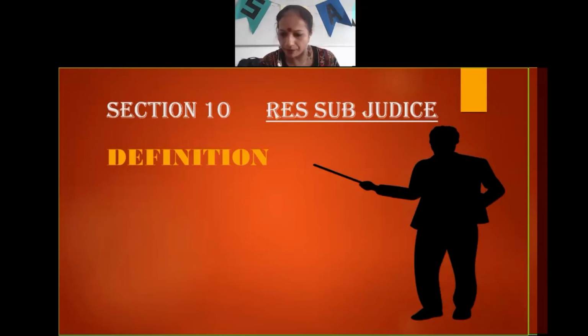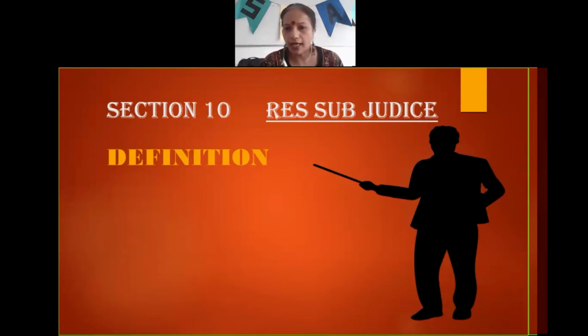Hence, in order to stop this confusion, it is always better that when an authority is already entertaining a matter, there is no need for the party to file a separate suit in some different court asking the same relief against the same party arising out of the same cause of action.